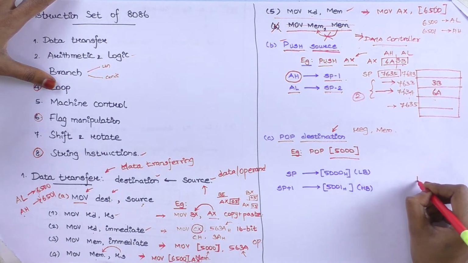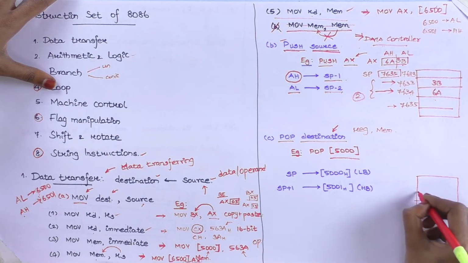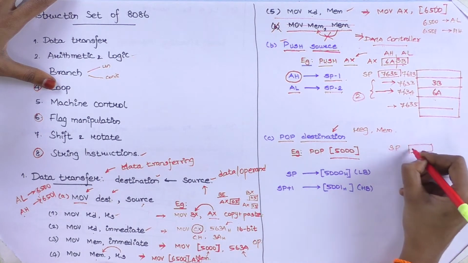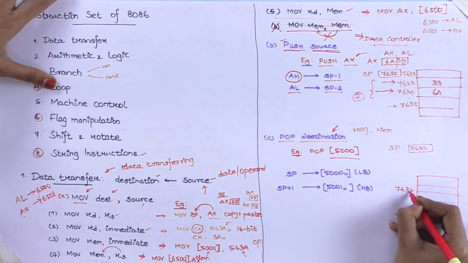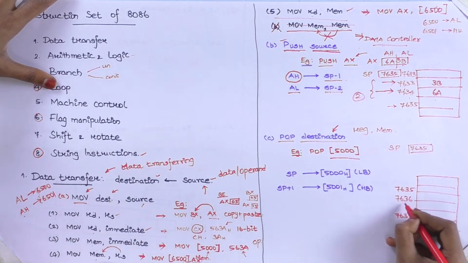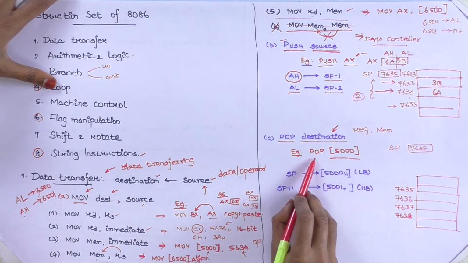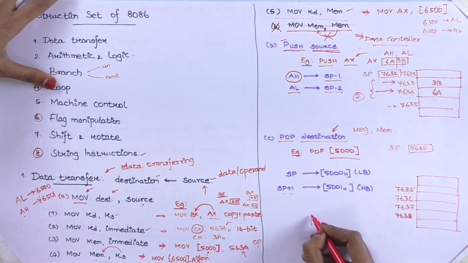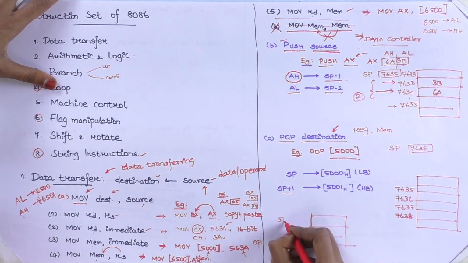Fine. So consider this is your stack, and your stack pointer is pointing to the address, let us take the same address 7635, then 7636, 7637. In pop I have already told you the stack pointer will be incremented. Here you are supposed to store the value in the memory location 5000.